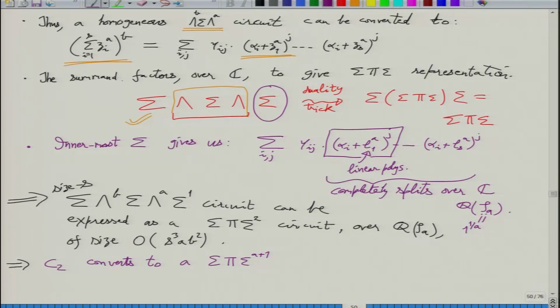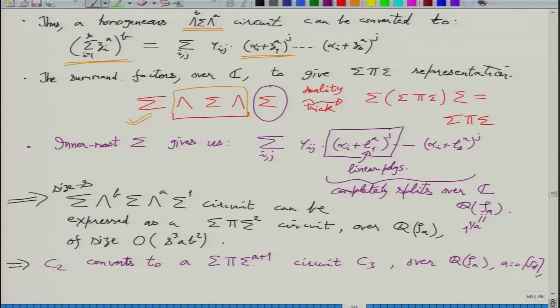Well, A is square root D. Let us keep square root D. It converts to a square root D, or maybe slightly more, plus 1 circuit C3 over Q zeta A. So this is A plus 1 and A is square root D. Let's take the ceiling.